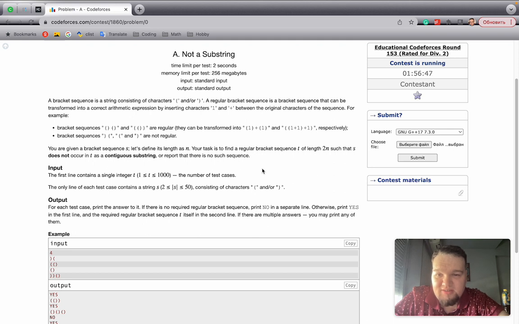Problem A, apparently about regular bracket sequences. So that's just the definition. You are given a bracket sequence S, find a regular bracket sequence T of length 2n such that S does not occur in T as a continuous substring.